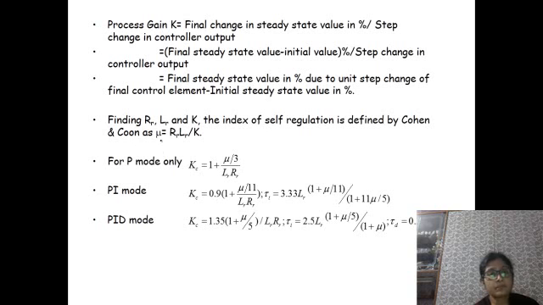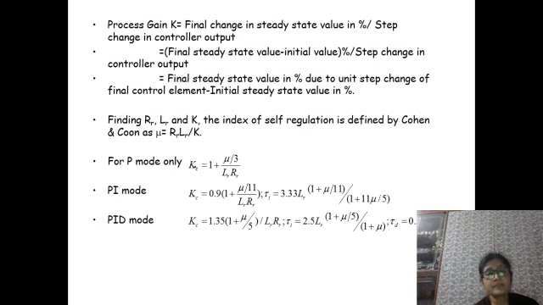So the self-regulation index mu is equal to LR into RR by K, and from that the different modes, P, PI and PID, have gain values and other parameter values, that is TI and TD, the integral action time and derivative action time, in terms of LR, RR and the self-regulation index mu.